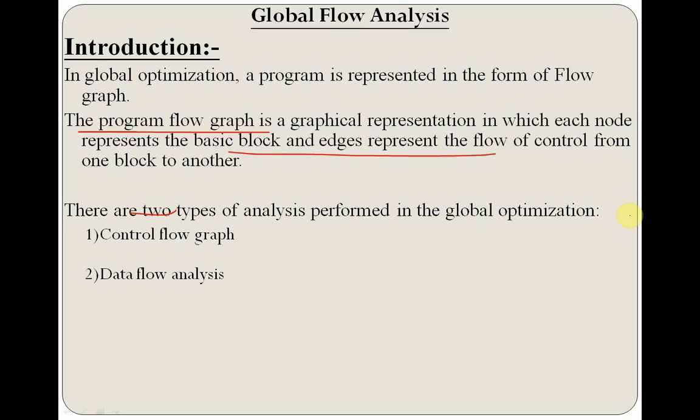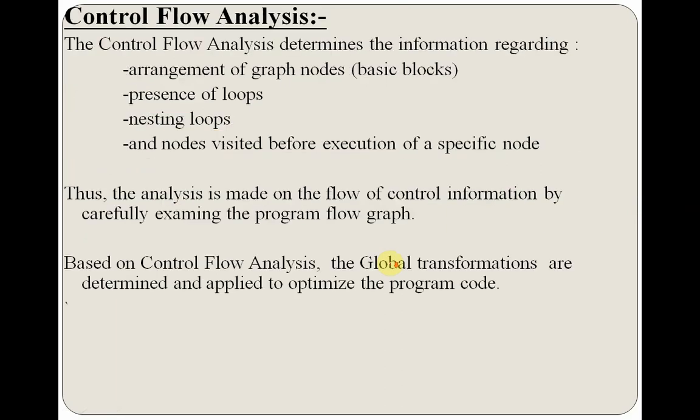So flow graph contains a collection of basic blocks and corresponding flow of control information. And there are two types of analysis performed on the flow graphs in the process of global optimization.